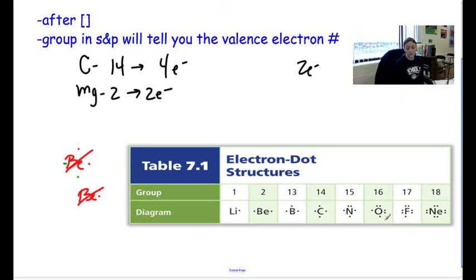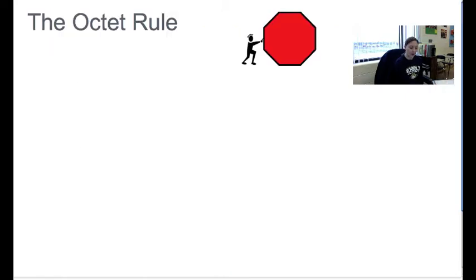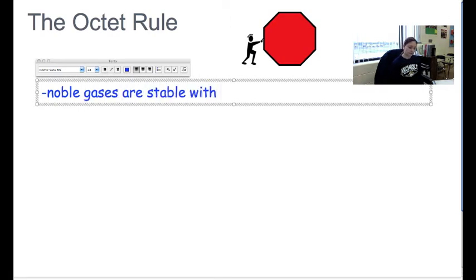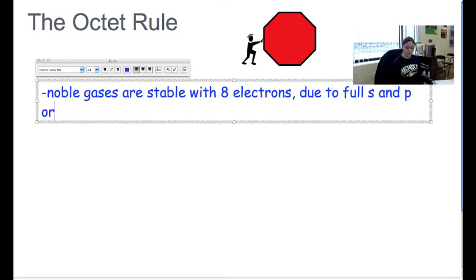All right, we're going to look at what is called the Octet Rule, and that goes along with our noble gases. Like I said before, the noble gas configurations are the stable configurations. So these are the ones that have 8, an octet. The noble gases are always stable with 8 electrons.